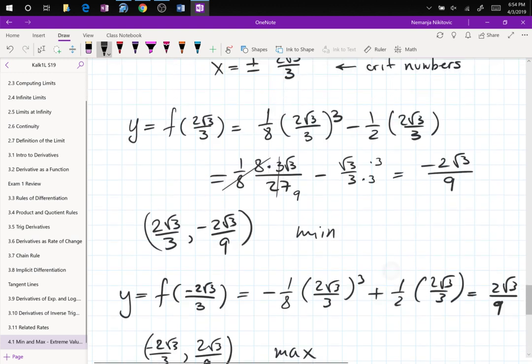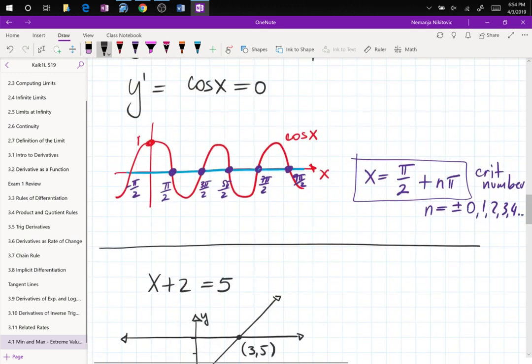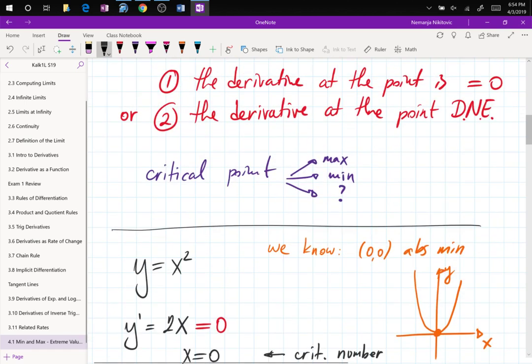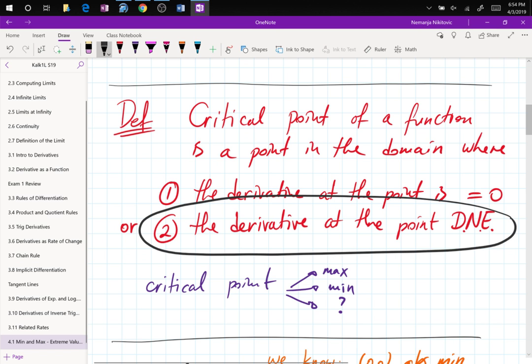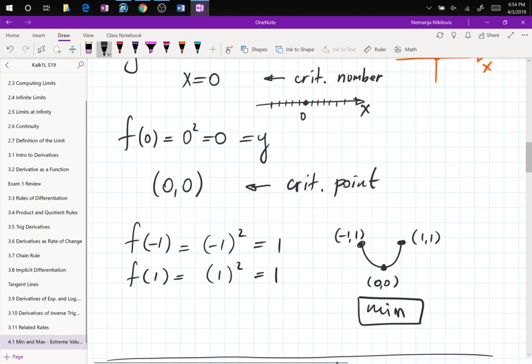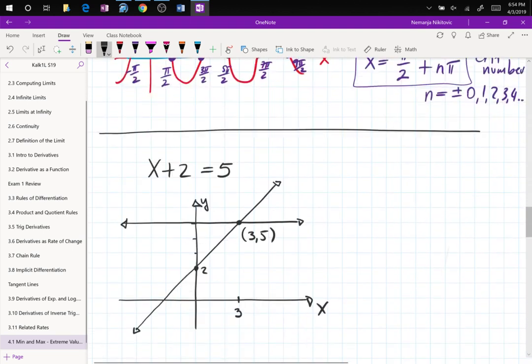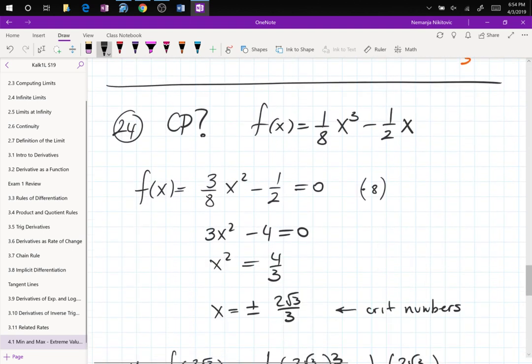Now, no one asked yet because you probably missed it. Remember this one? Critical points also occur when the derivative doesn't exist. And those cases pop up here and there.